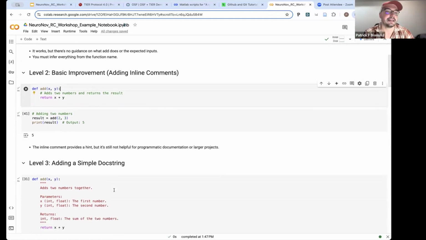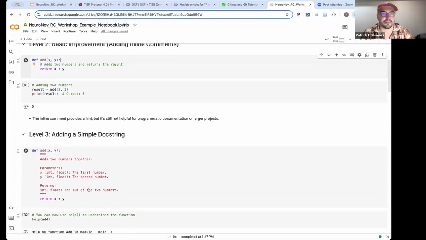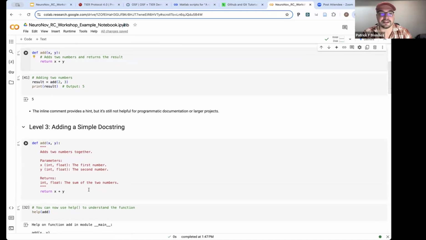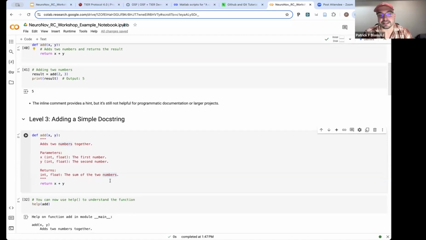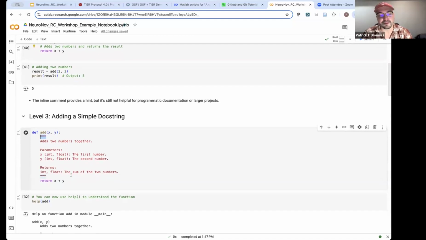So the most basic level of sufficient code is to have what are called doc strings. Every language has some version of a doc string. In Python, it's just three quotes right after each other, and you can look up the equivalent in your respective language.